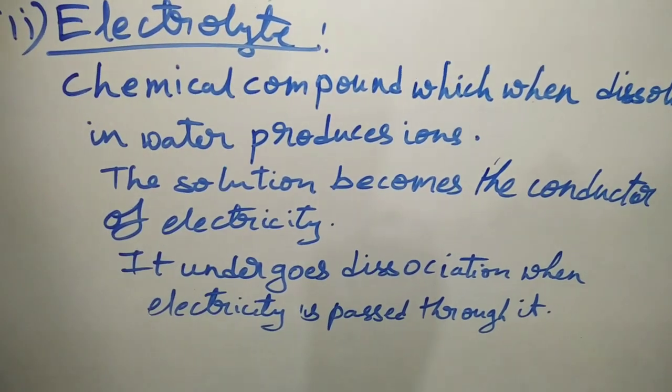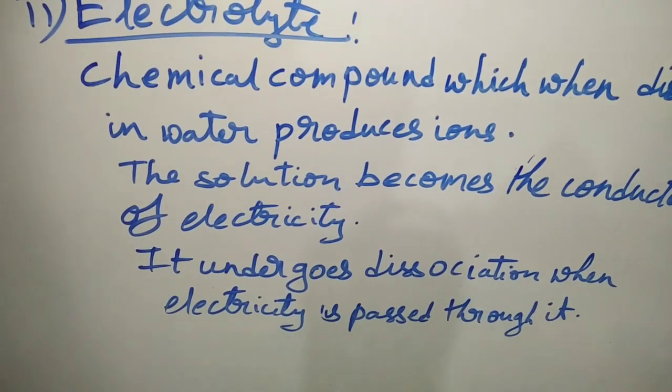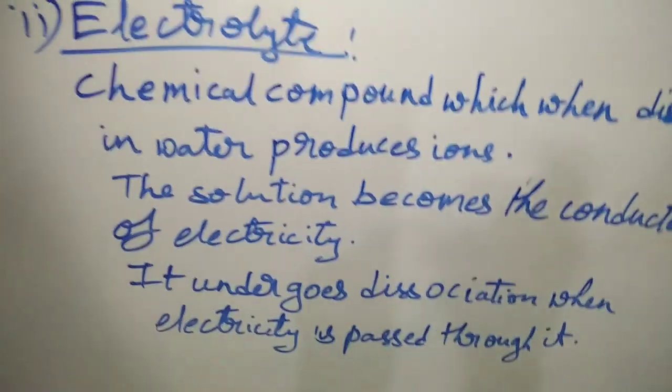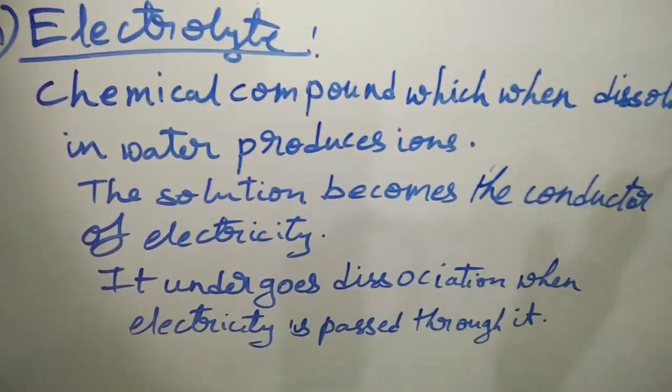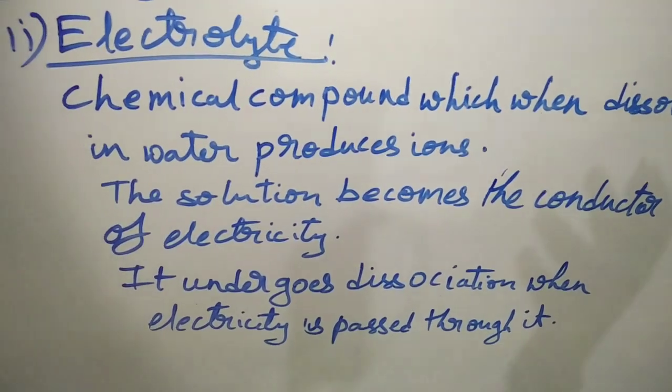It undergoes dissociation when electricity is passed through it. Dissociation means it decomposes, it breaks down. The compound breaks into simpler substances.